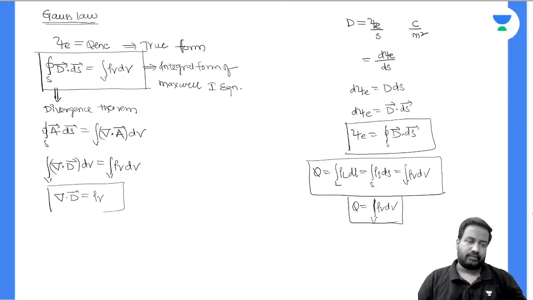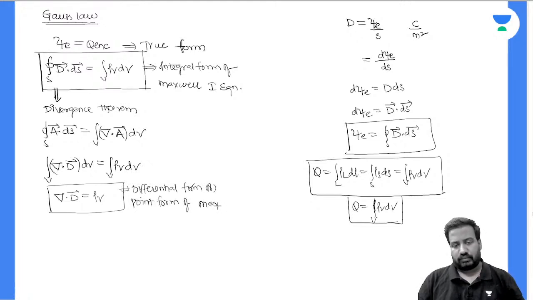This is the differential form or point form of Maxwell first equation.